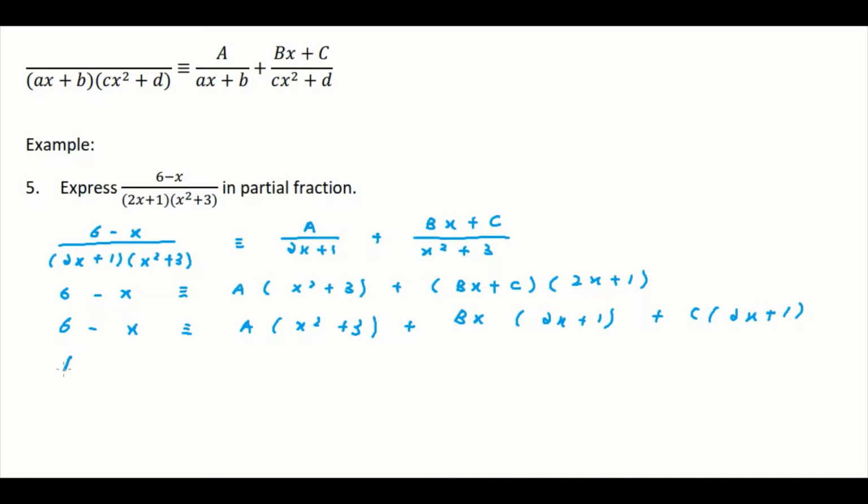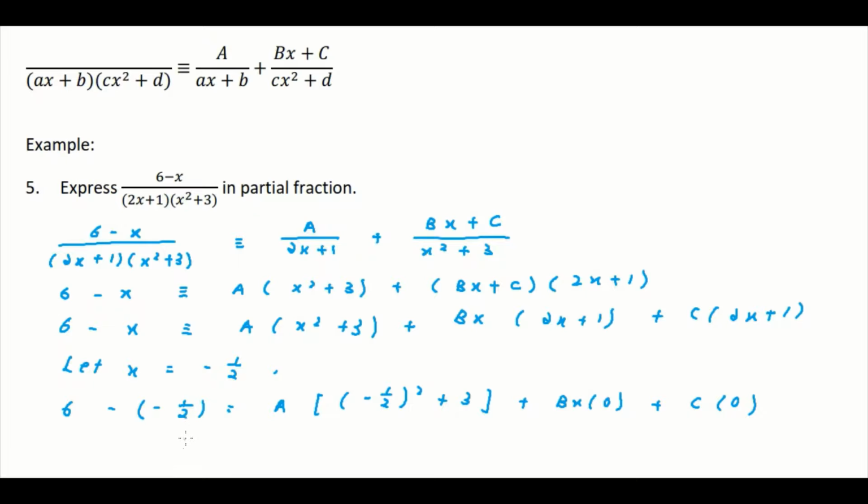So I can let x be negative 1 over 2, so that I get 6 minus negative 1 over 2 equals a times negative 1 over 2 squared plus 3, and I'm left with b times 0 and c times 0. Here I get 13 over 2 equals 1 over 4 plus 3, so 13 over 4 a.